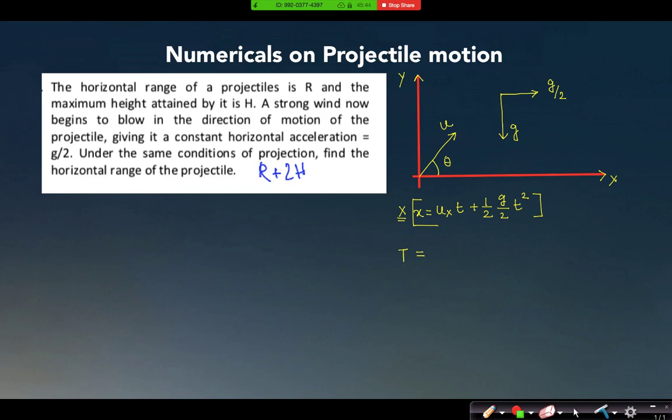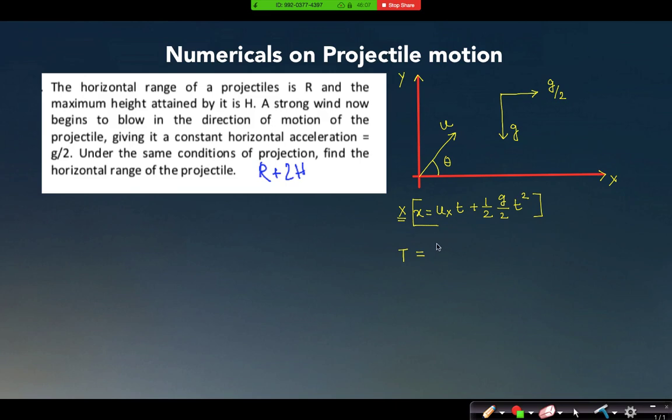As there is nothing new in the y component velocity and acceleration, the total time of flight will remain the same. Everyone should understand this part. Again, if you want to calculate, you can do it, but you will use the same method and find the same answer.